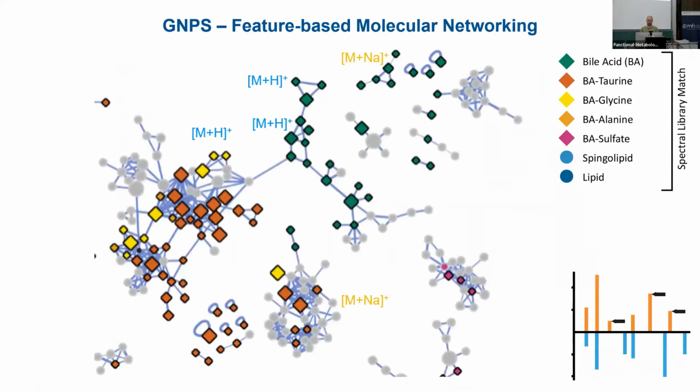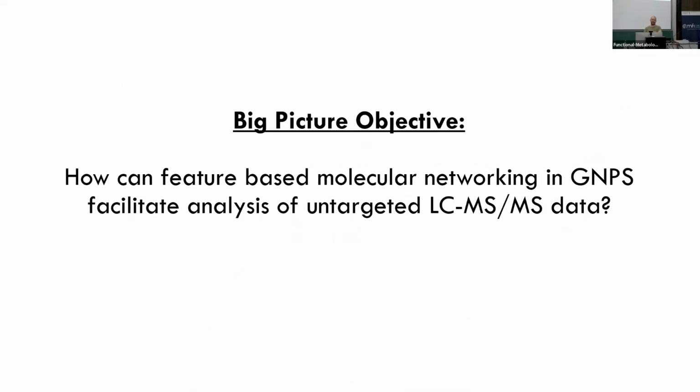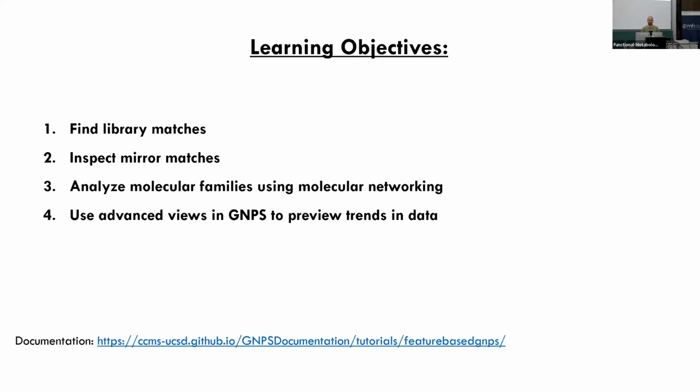All right. So coming to the big picture objective of today: how can we now leverage feature-based molecular networking to provide annotation and interpret our data set? We're going to look at a couple of different things.